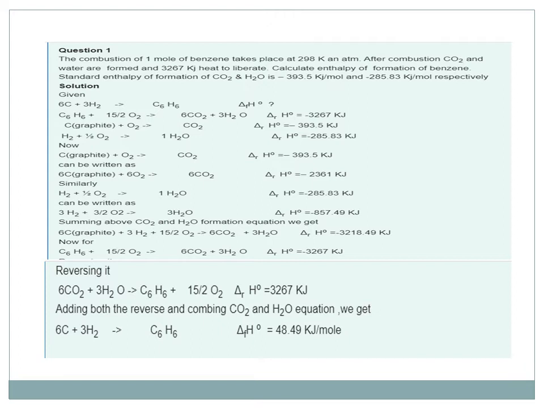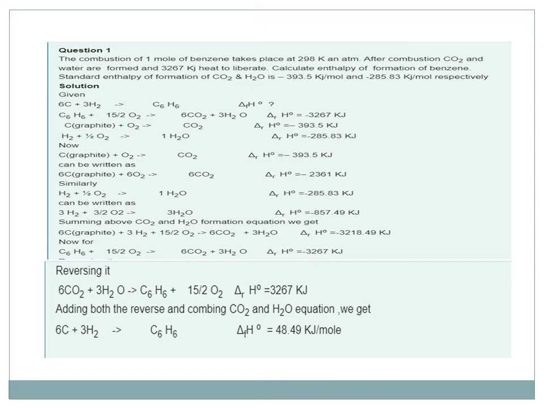C6H6 combined with oxygen gives carbon dioxide and water. You have to balance the reaction first, because without stoichiometry we cannot start with the question. For the second reaction, graphite combines with O2 to give CO2, and H2 combined with O2 gives 1 mole of H2O.